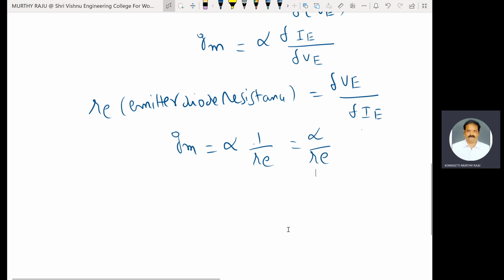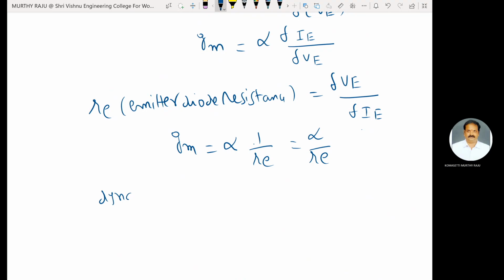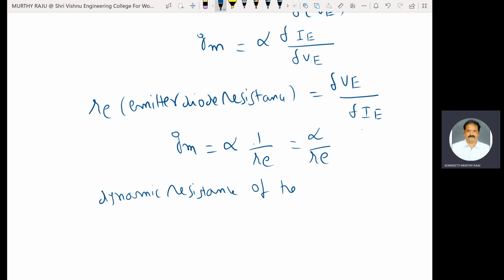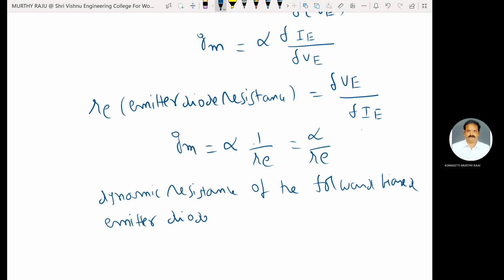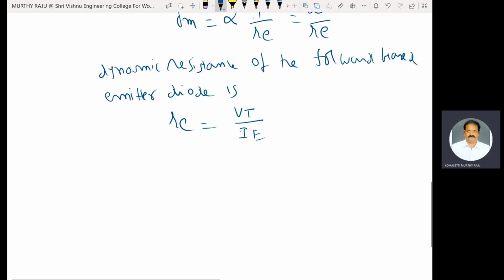The emitter diode is a forward biased diode, and its dynamic resistance is given by the general formula RE equal to VT by IE, where emitter current is IE.